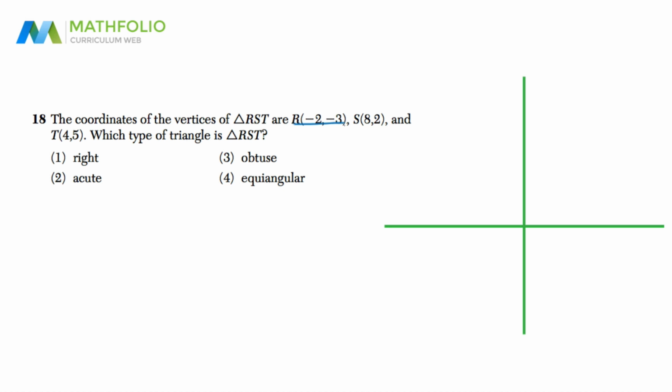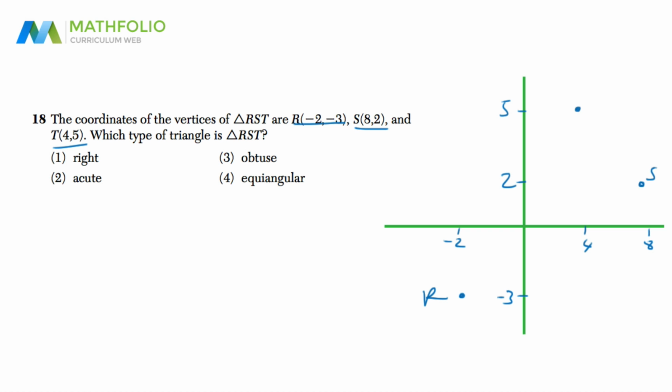R is at (-2, -3). S is at (8, 2). And then T is at (4, 5). 4 is here, 5 is somewhere up here.